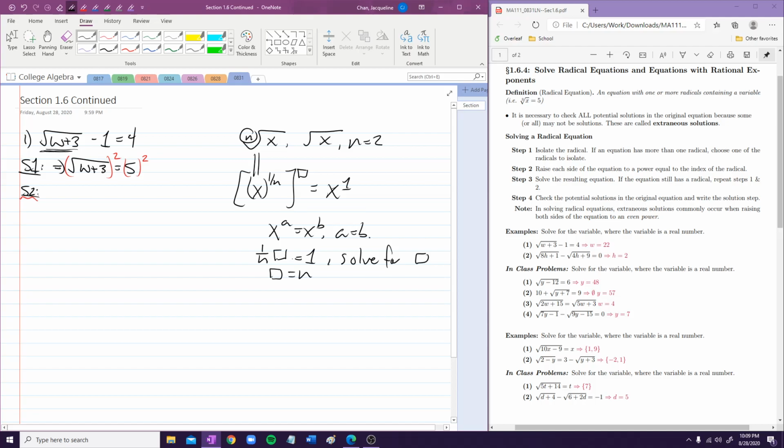So raising each side to a power equal to the index makes sense: if I have x to the 1 over n, to the power of n, this is x to the n over n, which is x to the first. That's why we do step 2. When we apply step 2, we get w plus 3 is equal to 5 squared, which is 25.